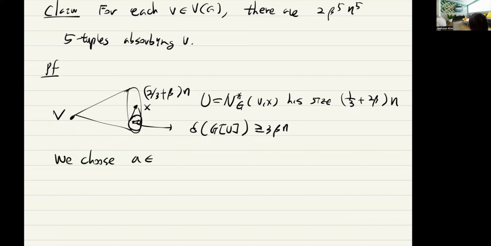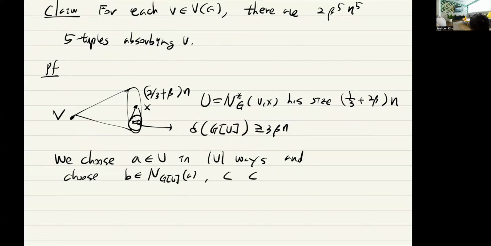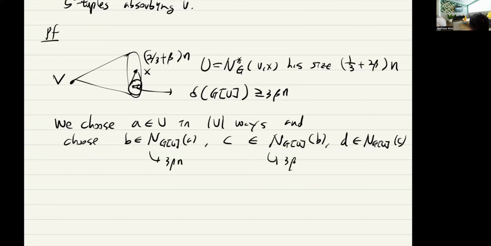So we choose A in here in this many ways. And we choose B in the neighborhood of A, and C as the neighbor of B, and D as the neighbor of C. And each time, 3 beta n ways, 3 beta n ways, 3 beta n ways.